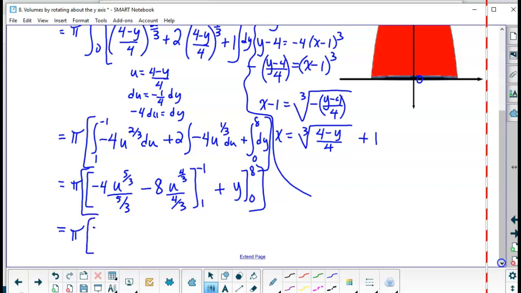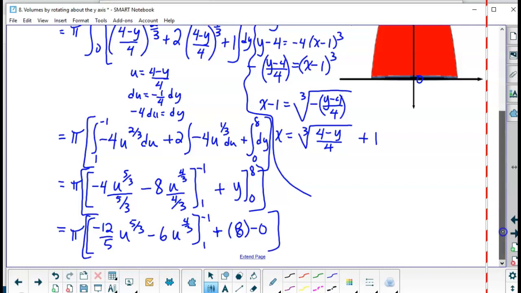So that's going to be negative 12 over 5 u to the 5/3 minus 24 over 4, minus 6 u to the 4/3 from 1 to negative 1. Plus, now I can do here, that's going to be 8 minus 0 multiplied by pi.